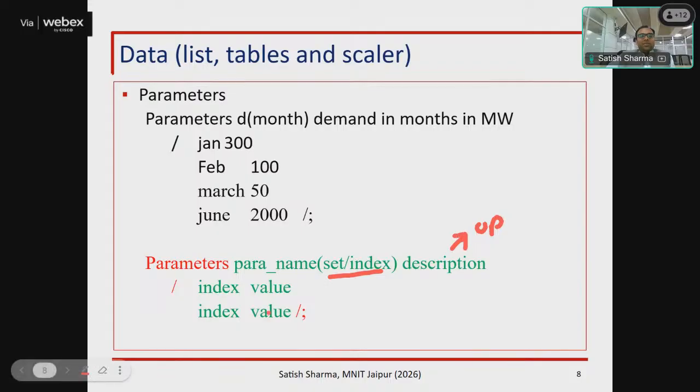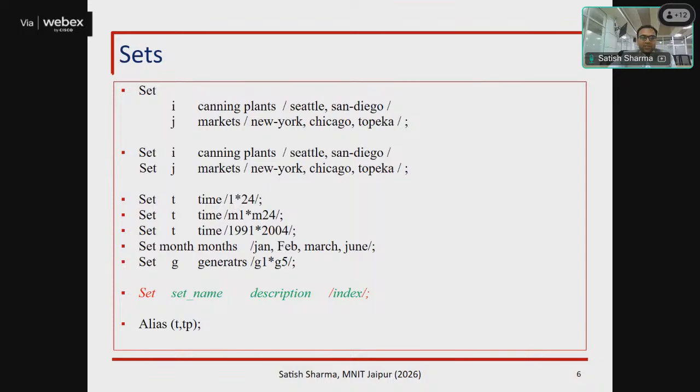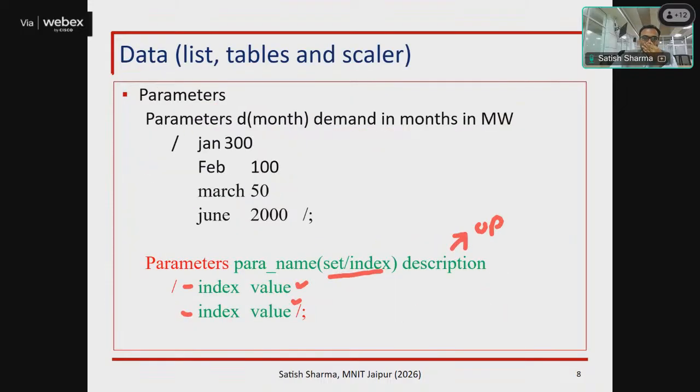Then in backslash, we have to provide for which index what is the value, and for another index what is the value. So we have to provide, with each and every index, what the values will be. Earlier we defined a set month, and the members were Jan, Feb, March and June. So let's provide some demand to these members. This is my syntax.